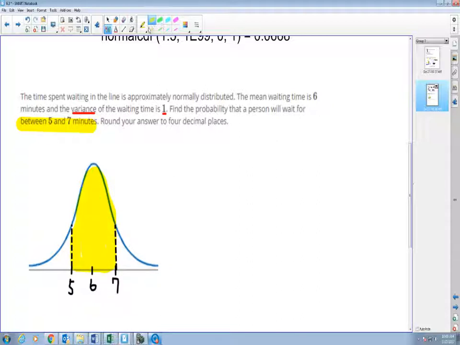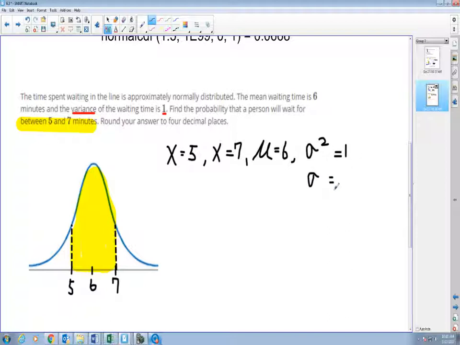Let's see what my z-score will turn out to be. What do I know? My random variable x is going to be 5 and 7. My mean, mu, is equal to 6. But this one is called variance, so sigma squared is 1. To find the standard deviation, we take the square root of 1, which will still be 1.